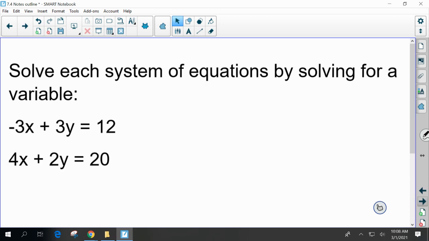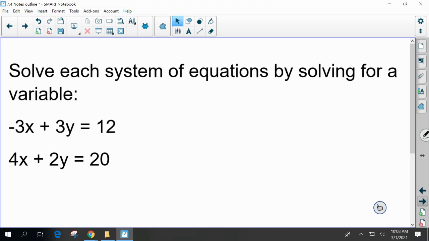Okay, last one. In this problem, there is no variable that doesn't have a coefficient. All of them have a number in front. So personally, I would solve for the bottom equation because there's no negatives in it.